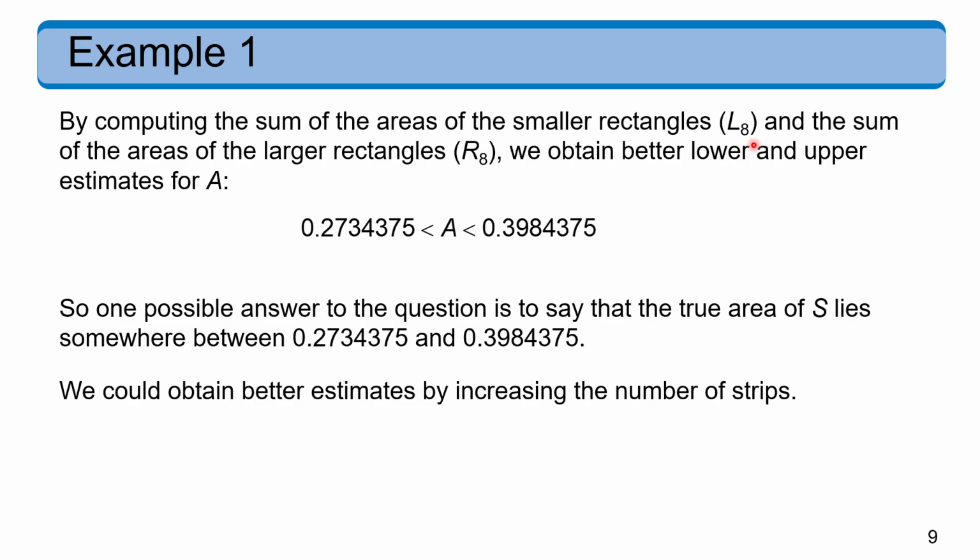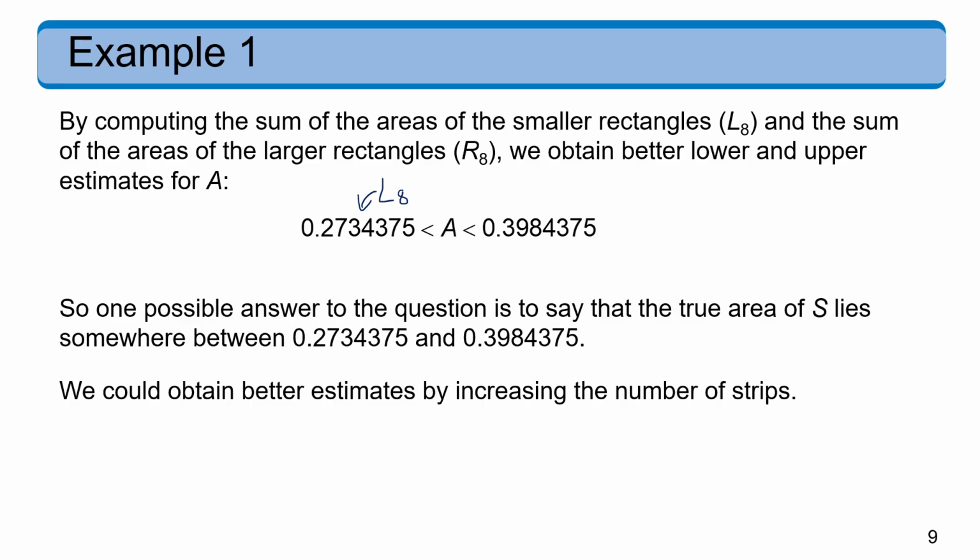Then you calculate the heights in a similar way to L4, just with more rectangles. In each case, use the left endpoint to determine the height by plugging it into the function. Then you add up all 8 of those, and for L8 we would get this number here in decimal form.